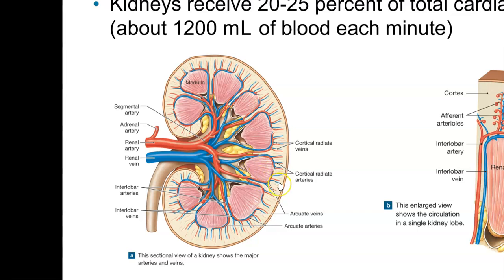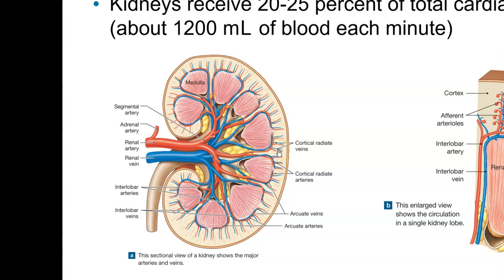blood vessels called capillaries. Once the urine is produced, the blood, after it has been filtered, is going to drain into the veins alongside the cortical radiate arteries. So there are cortical radiate arteries, and alongside those are cortical radiate veins.